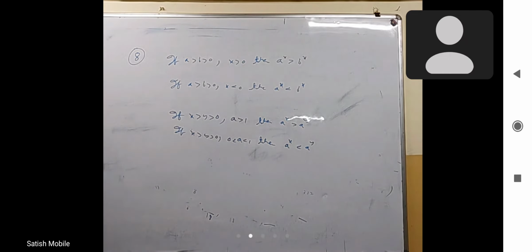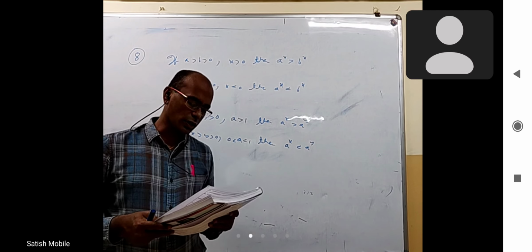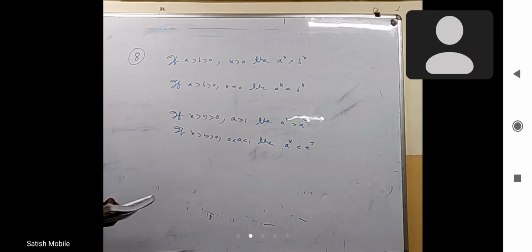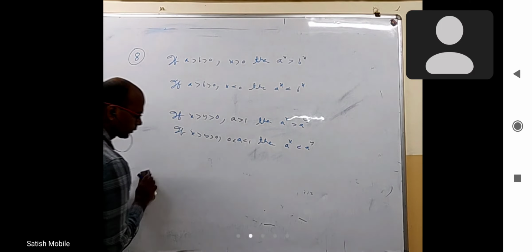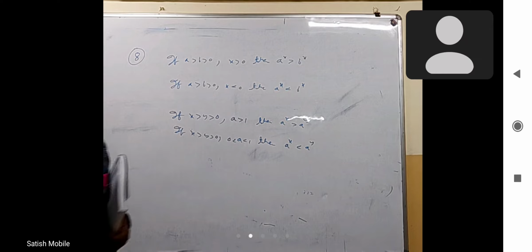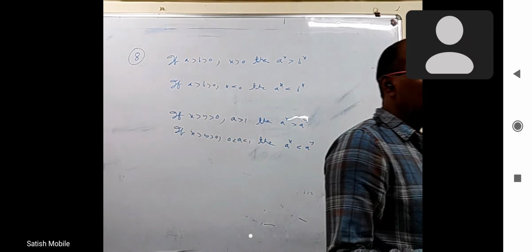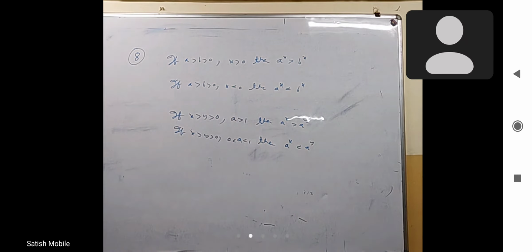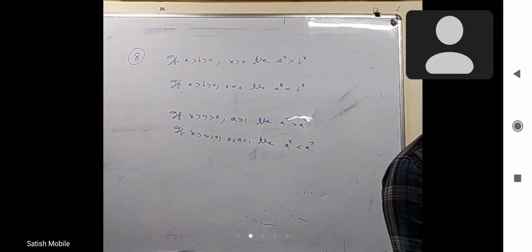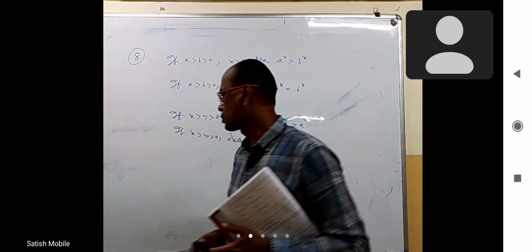Coming to option A, tan x power log sin x, cot x power log sin x, between 0 to pi by 4. Between 0 to pi by 4, tan is greater or cot is greater? Between 0 to pi by 4, tan value is between 0 to 1 and cot value is between 1 to infinity. 45 to 90, tan will be 1 to infinity and cot will be between 0 to 1.